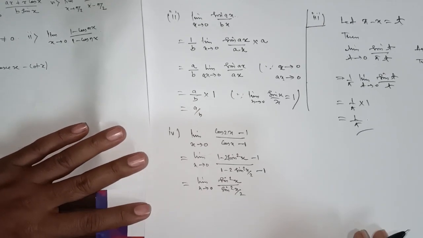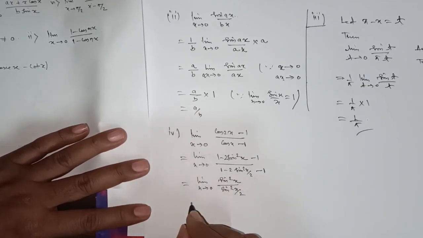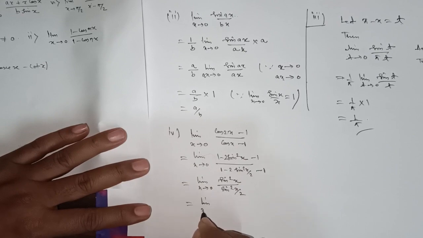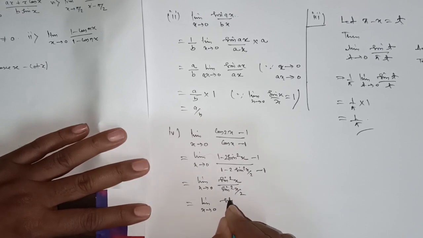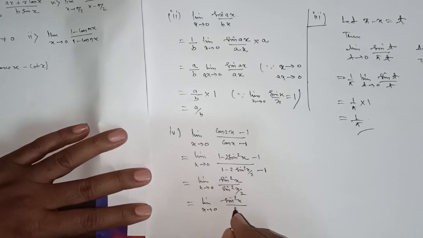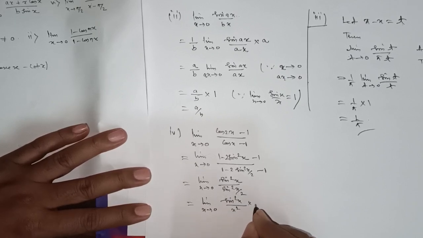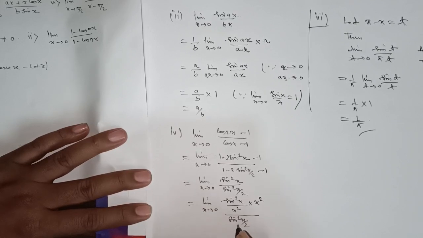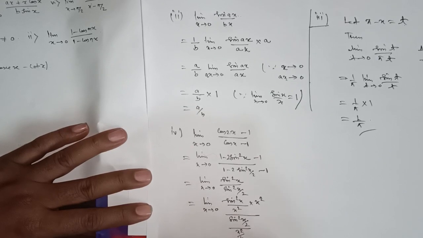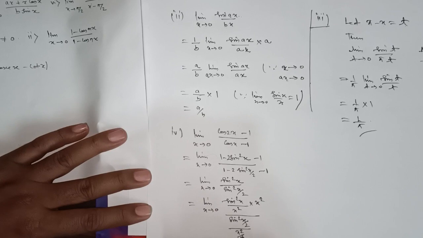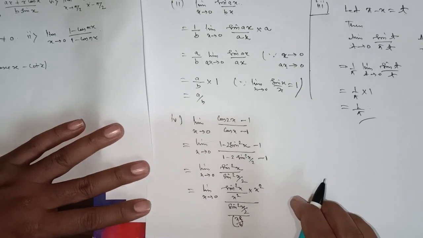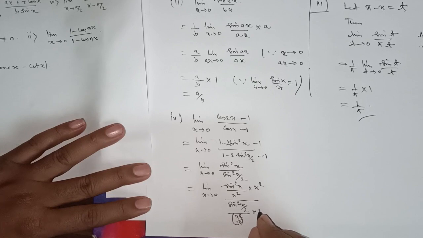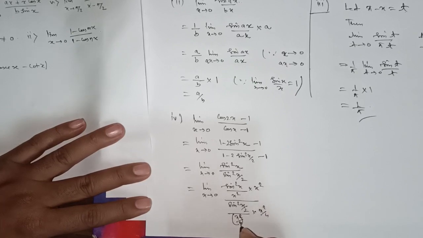Okay, now what we are going to do, our target. So we have here limit x tends to 0 of sine square x by, we can write here x square to balance it, and in the denominator x square, sine square x by 2. So what we'll do, x square by 4, meaning x by 2 whole square, into x square by 4 to make it balance.